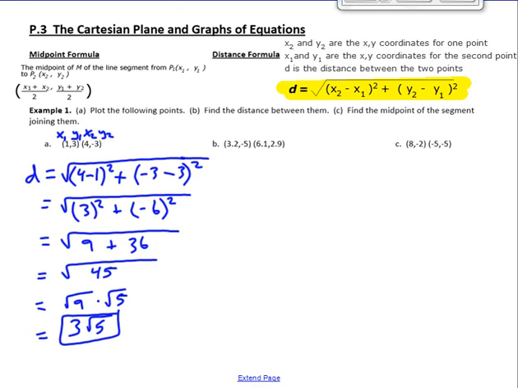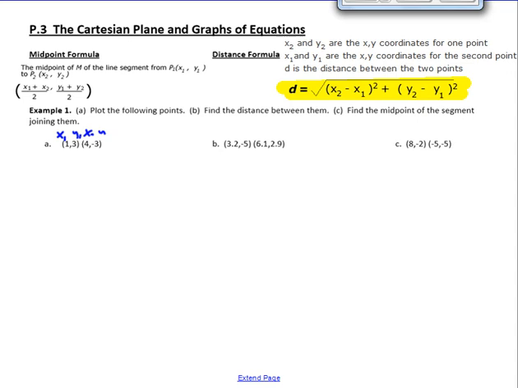And now let's take a look at the midpoint formula. Midpoint formula, we're going to use the same x1, y1, except the midpoint formula, we're going to use this equation: x1 plus x2 divided by 2, comma, y1 plus y2 divided by 2, and then those are both in parentheses. So the midpoint, we're looking at taking and really averaging the 2 points.